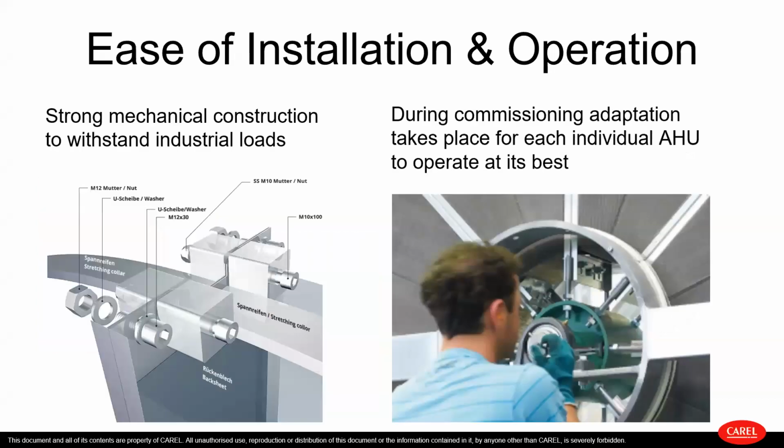This is just a little short picture to see a finished mounted unit as well in front of a technician that is just standing there and examining what he needs to do to prepare the air handling, the rotating heat exchanger for the air handling unit. This is a picture of a commissioning done for Airbus. To the left side, it's just another indication of how we produce the product itself.